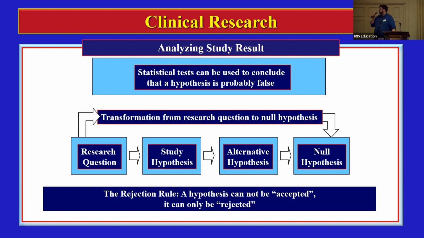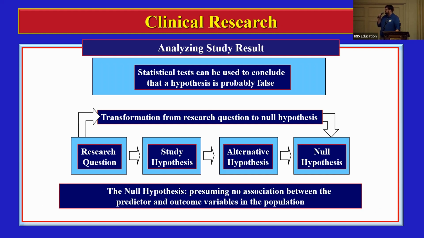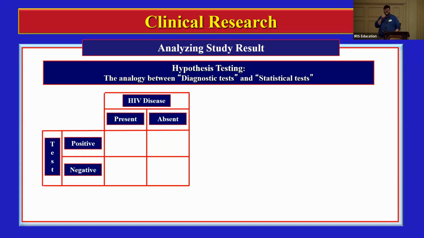You can think of this as the rejection rule. Remember, in statistics, a hypothesis can never be accepted. It can only be rejected. And the null hypothesis, again, assumes there is no association or no effect.